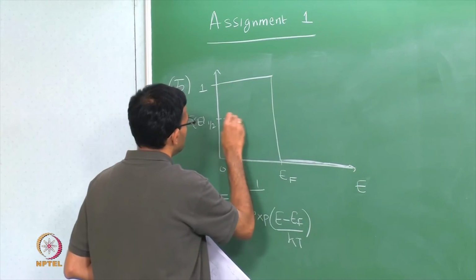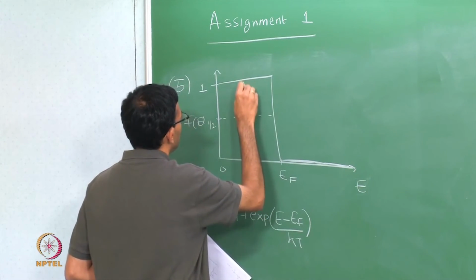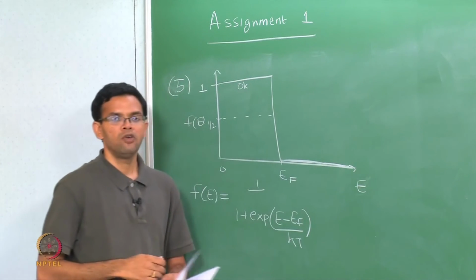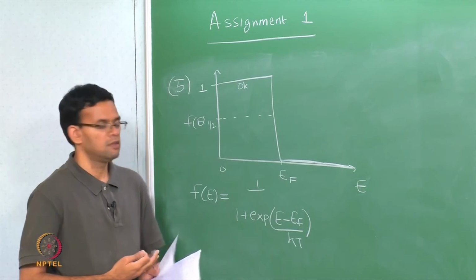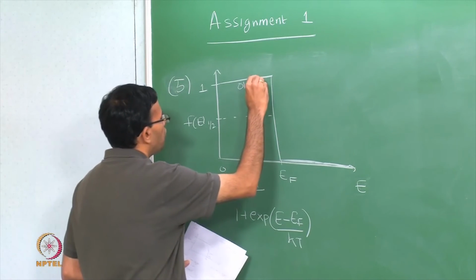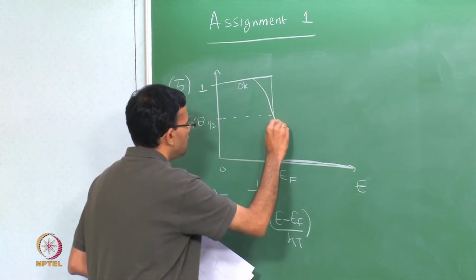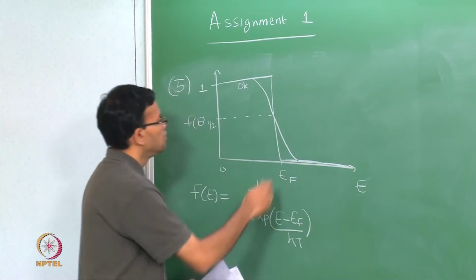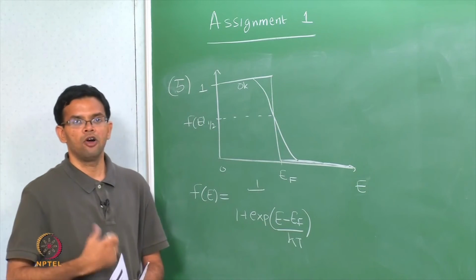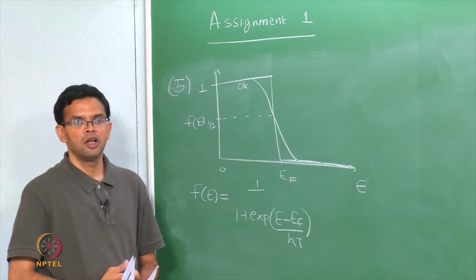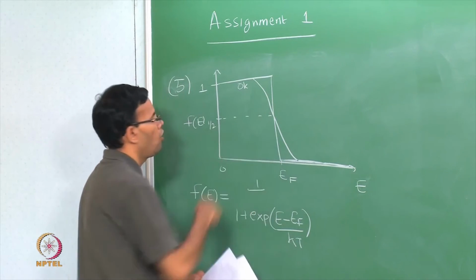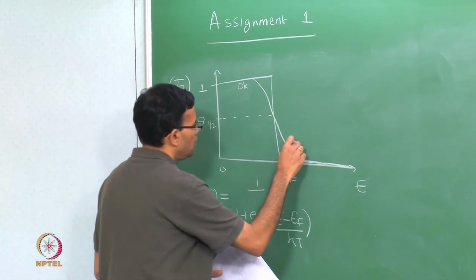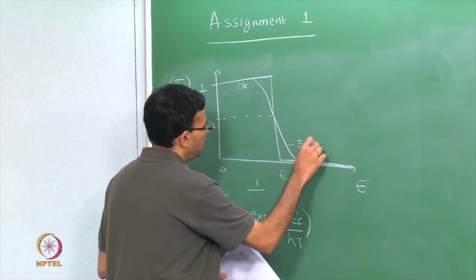So, this is 0 Kelvin. We now increase the temperature slightly. So, we go to 500 Kelvin. Now you have a slight broadening. So, you have some states that can get excited. Here you have a certain occupation probability above the Fermi energy and you have some electrons that are lost below the Fermi energy. So, this is 500 Kelvin.